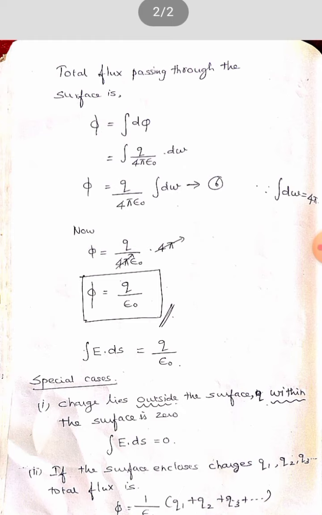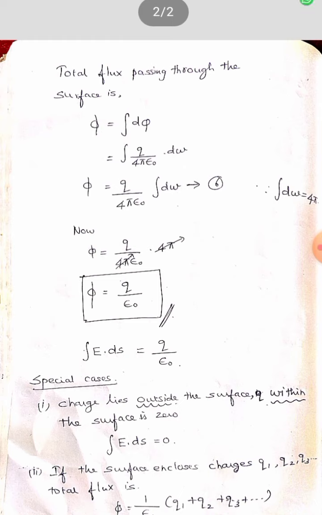As we have proved it, there are two more special cases. The first one is: in the Gauss law, we have so far considered that the charge plus q is present within the Gaussian, that is, closed surface.